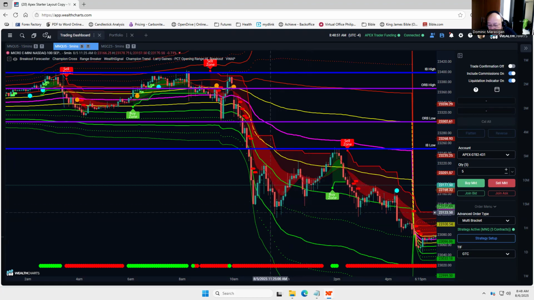And where's your target? Especially when you enter here on this one, your target would definitely be here. It would have been hit right there. And right now you have your second target still open. So you just let it run, and if it hit there, you could have come back here and put down the profit target here or at this level, but most likely it's going to be here.